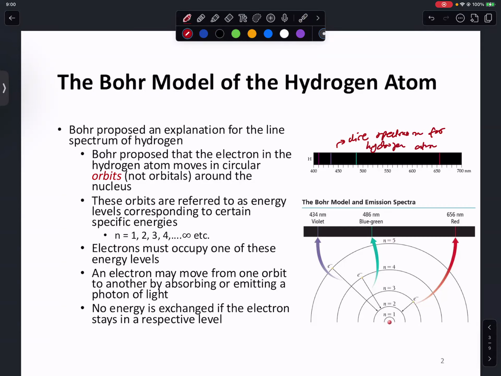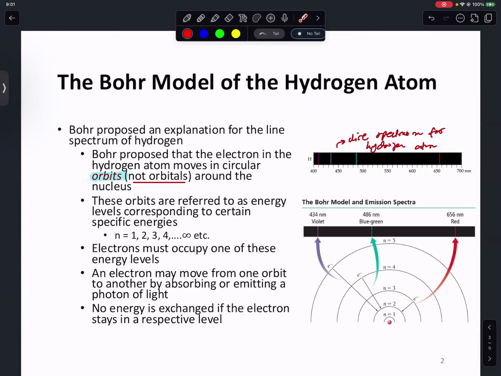And since a hydrogen atom contains only one electron, Bohr proposed that the electron in the hydrogen atom moves in circular orbits. So be careful, it's orbits, not orbitals, okay? Because orbitals are different, and we're going to talk about them later in this chapter. So it moves around the nucleus in orbits.